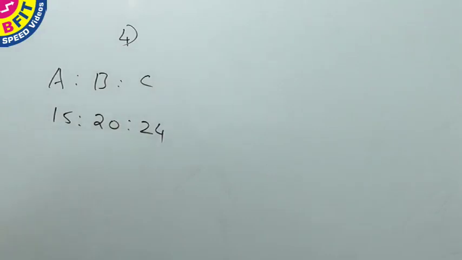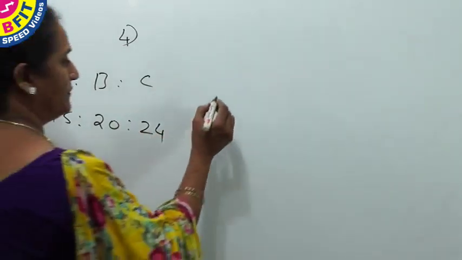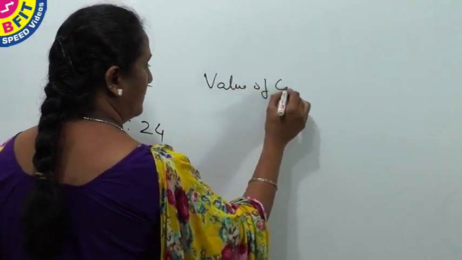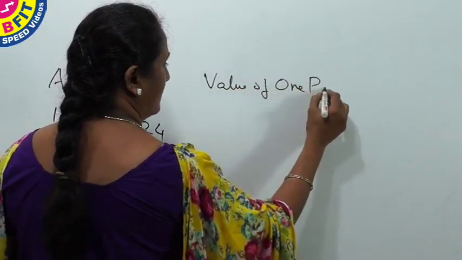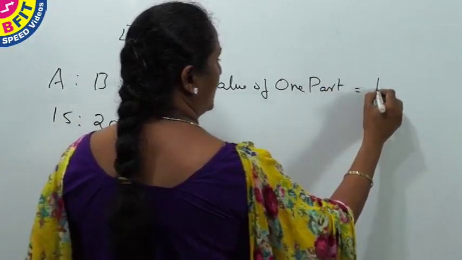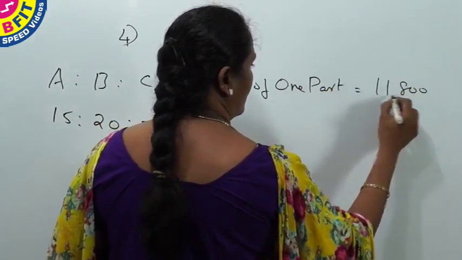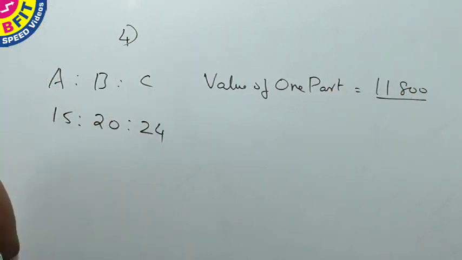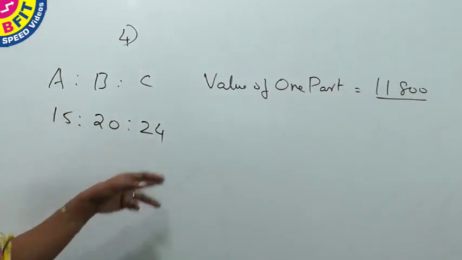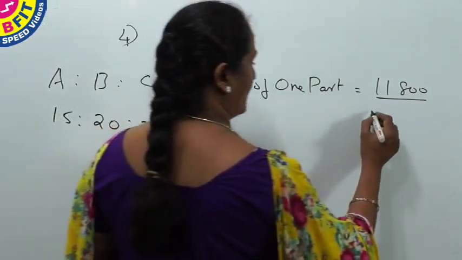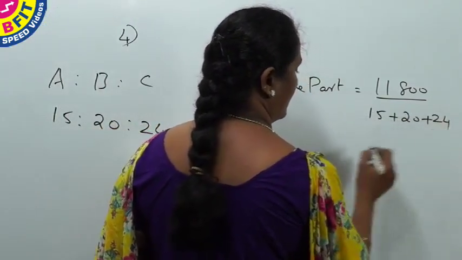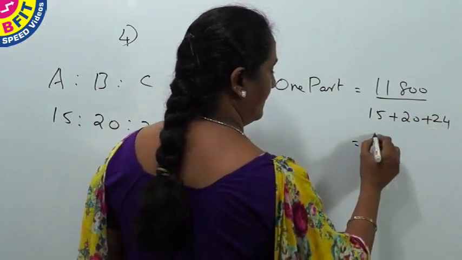To find the value of one part, the total quantity is divided by the sum of ratios. Here we have three parts, adding all 15, 20 and 24, we get 59.